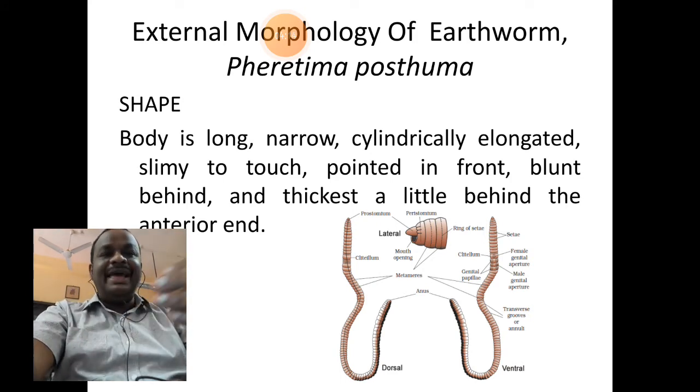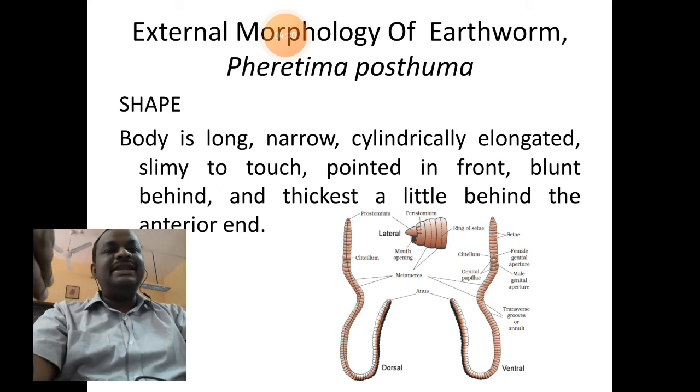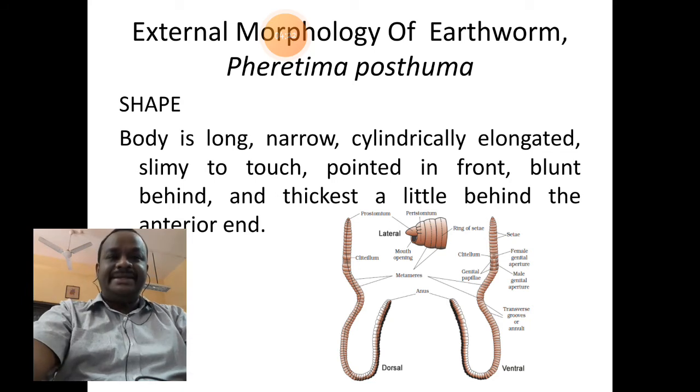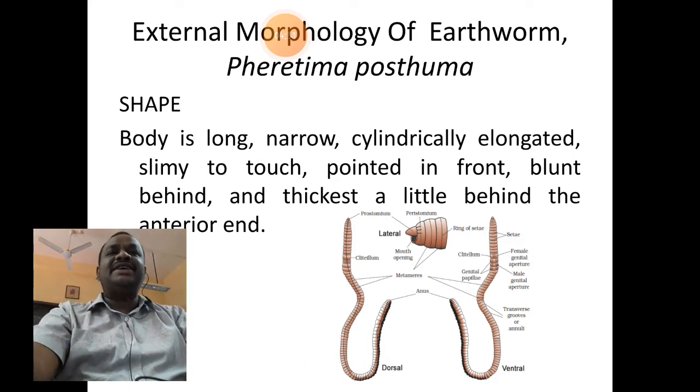The front end is generally pointed, and the posterior end at the back is blunt. The body at the anterior is slightly thicker when compared to the posterior side. I think you all can see these features in the image down in this slide.